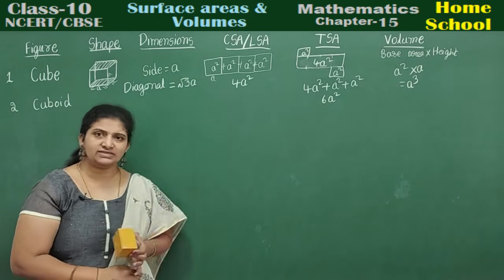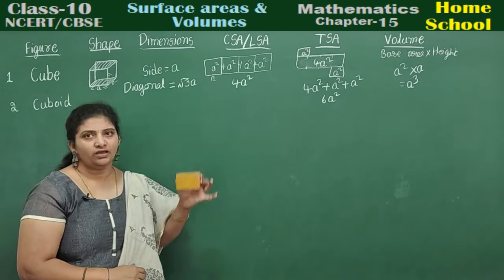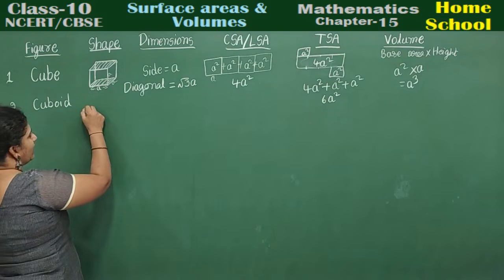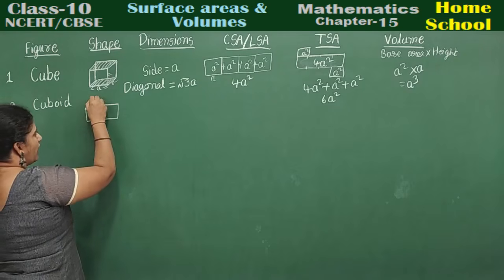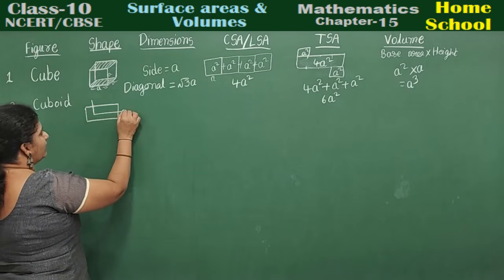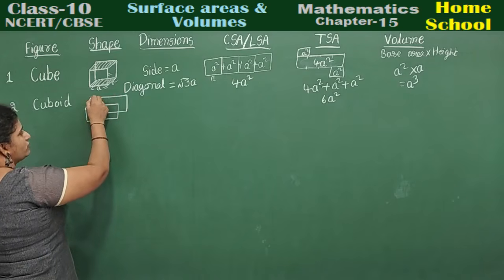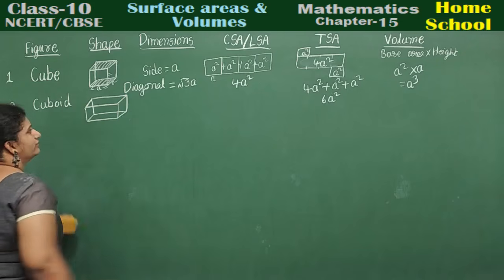Both have similar properties, but other than the rectangular faces, the remaining are all the same. Have to draw this on the board. Draw a rectangle and draw another rectangle a little bit inside the rectangle. Now join the corners. You are going to get a cuboid.